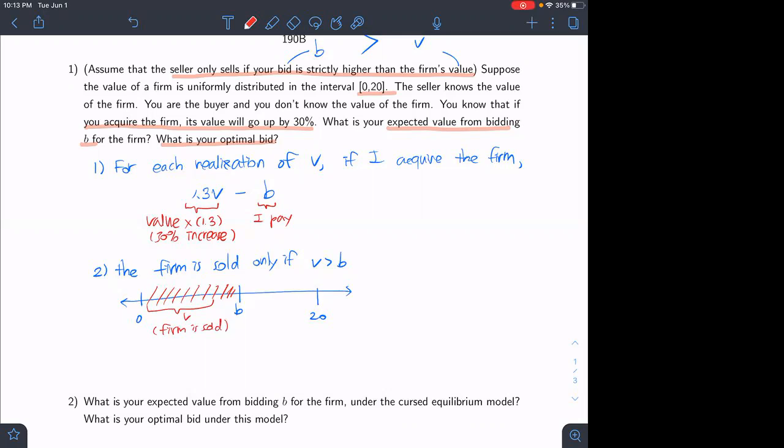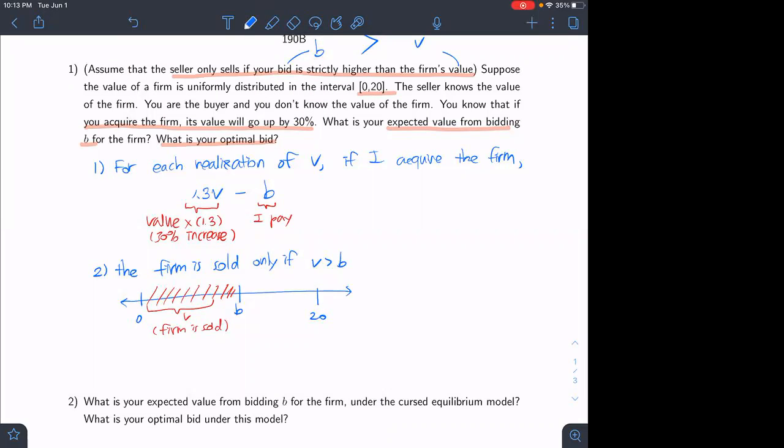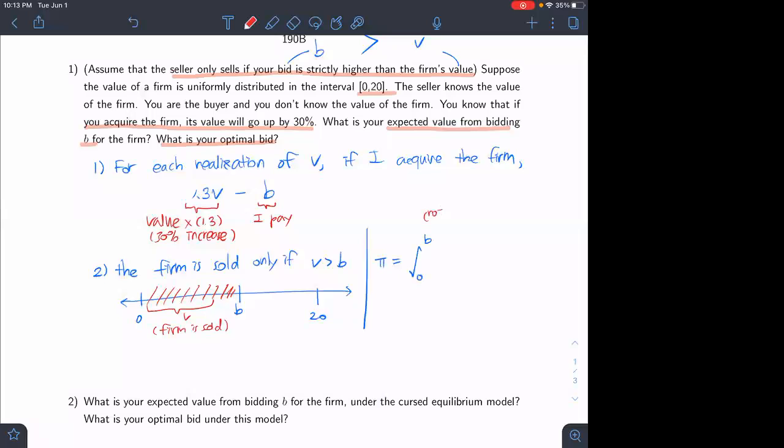If we express this as an expected value, then we can express it in this way. The value pi is, I need to integrate from 0 up to B. Okay, so it's not 20.